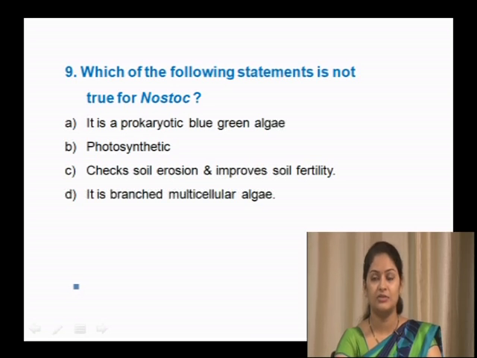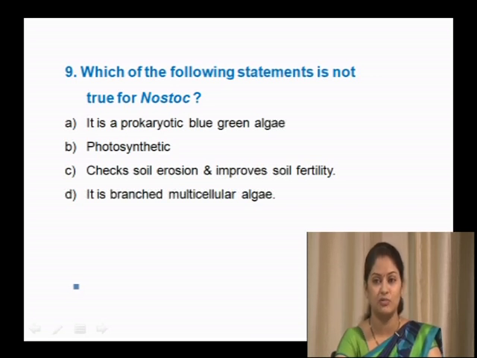So let us get into the details of nostoc. Nostoc is considered to be the filamentous algae having a mucilaginous sheath or mucilaginous covering, and the first option is very true because nostoc is belonging to cyanobacteria of kingdom Monera, so first one is right. B, photosynthetic.